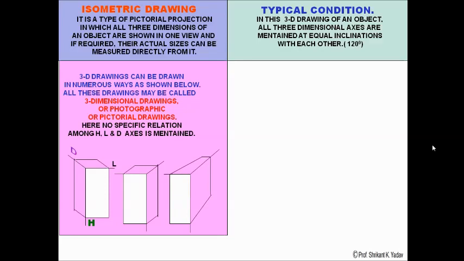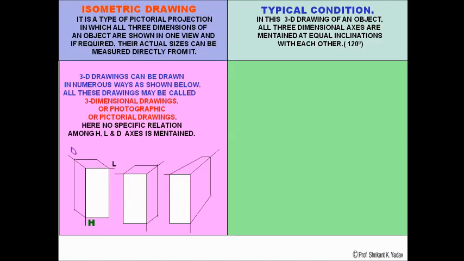Here there is no specific relation among the axes. If you observe this drawing, there is no relation among the axes T, L and H. For every drawing they are making different angles with each other. So these types of drawings are called 3-dimensional drawings or photographic or pictorial drawings.